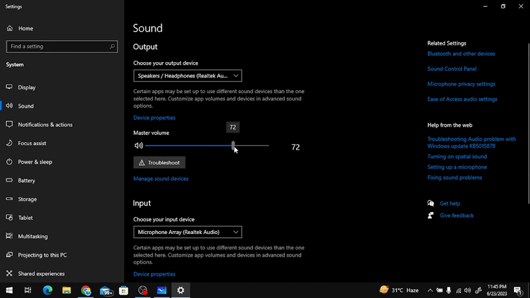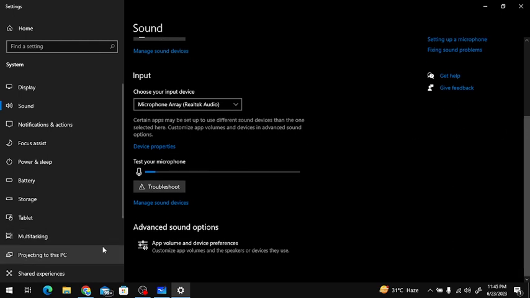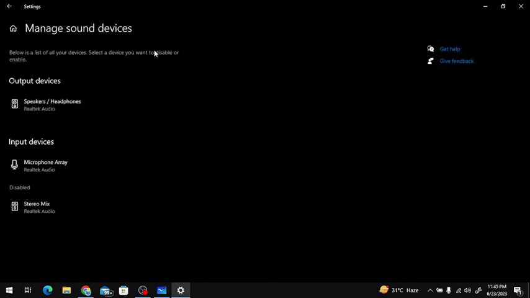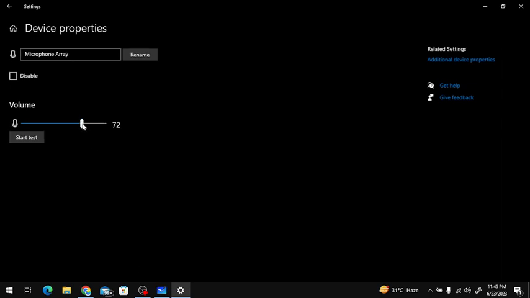The volume needs to be increased here. Yeah, it's alright. Advanced settings, sound manager, and store and go back. It's device properties. Yeah, it's right.